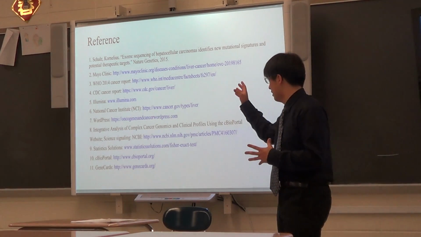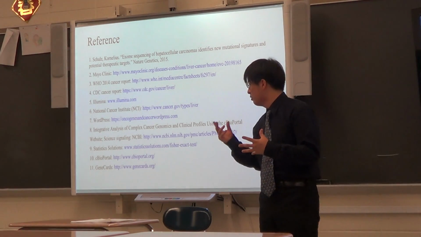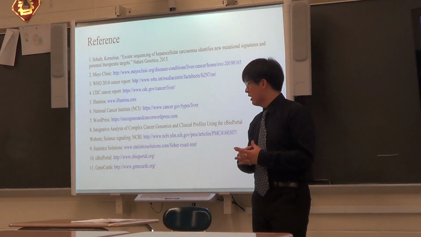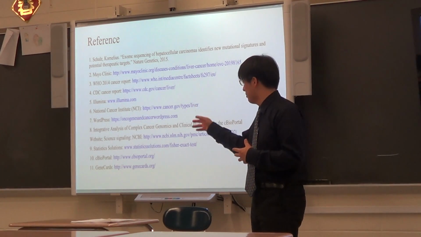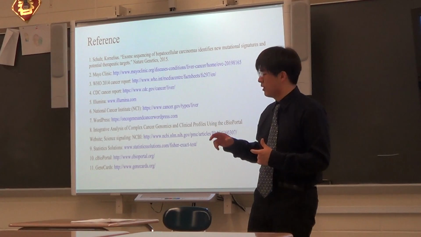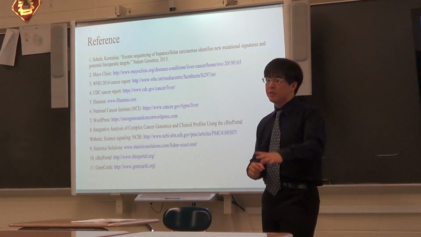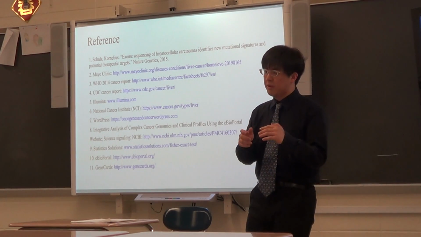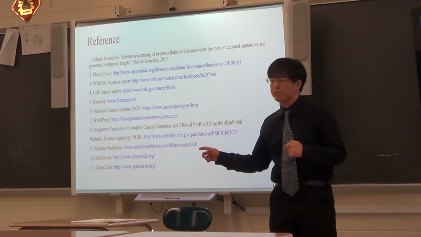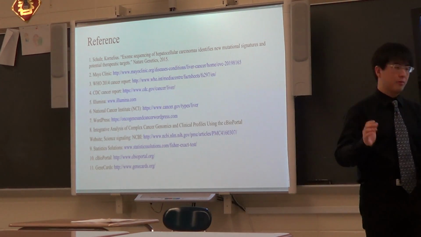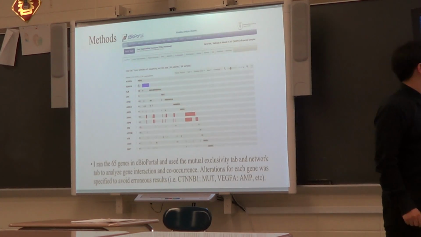And finally, Illumina and CBio Portal were quite significant for me to learn about the properties of the 65 genes that I was studying, along with GeneCards as well. These were very helpful when I was doing my research.